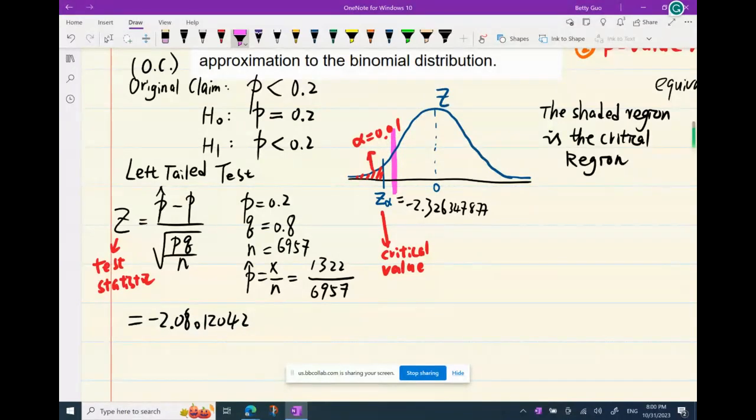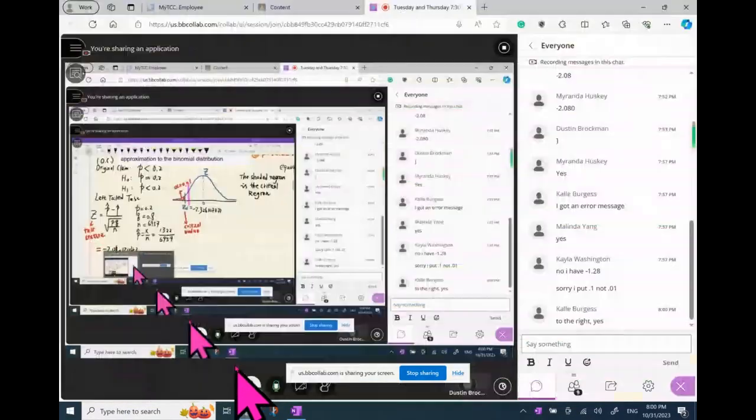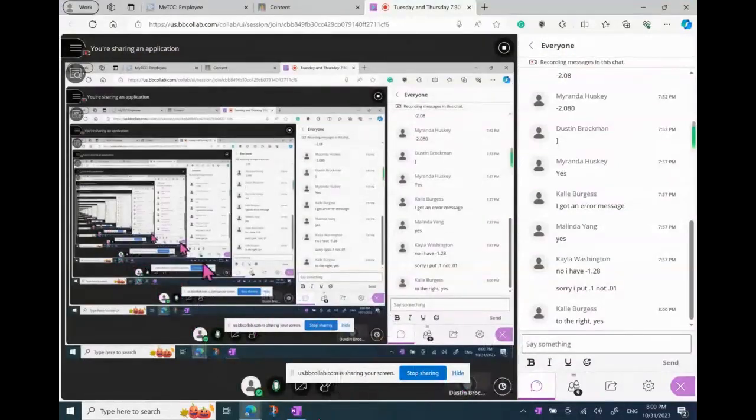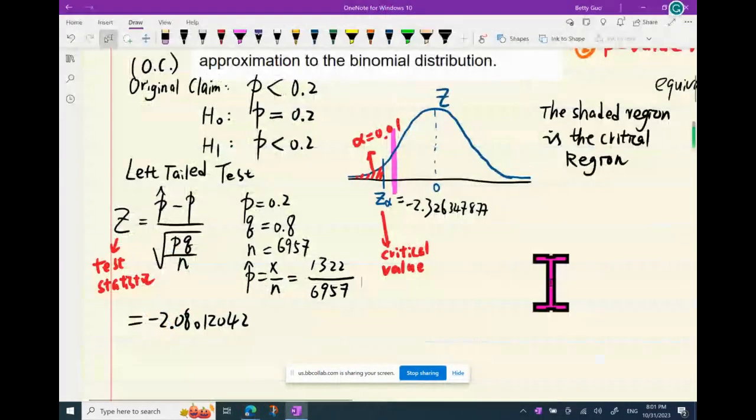Negative 2.08 is to the right of the critical value. That means the test statistic does not fall in the shaded region, the critical region. It falls in the non-critical region.